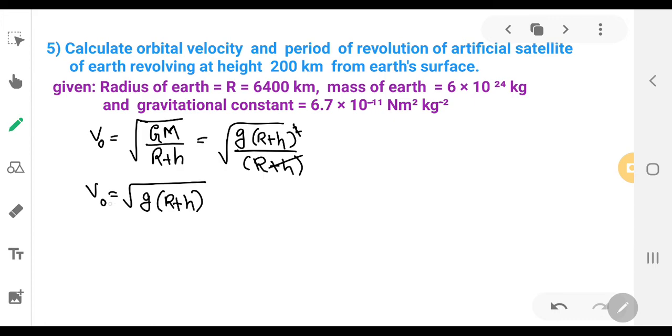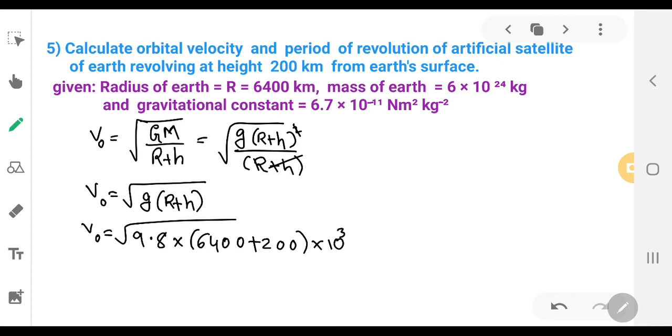So when you substitute the values, v naught is equal to root of g value, 9.8 into 6400 plus 200 into 10 to the power 3, because the 2 kilometers are inside.